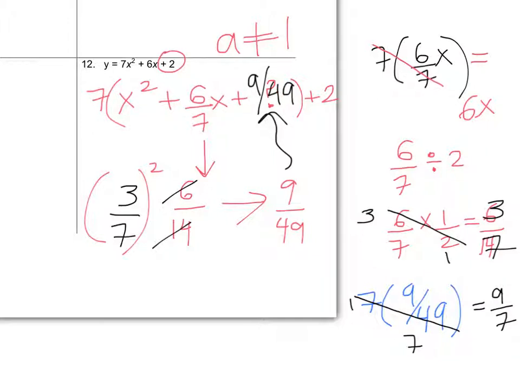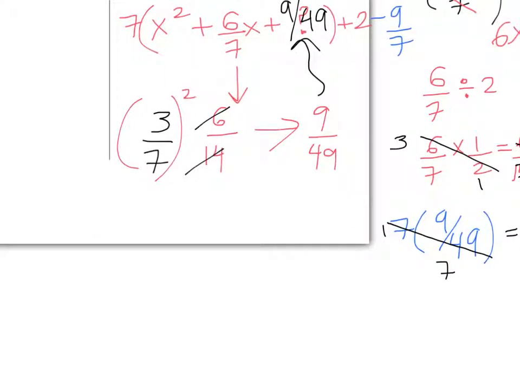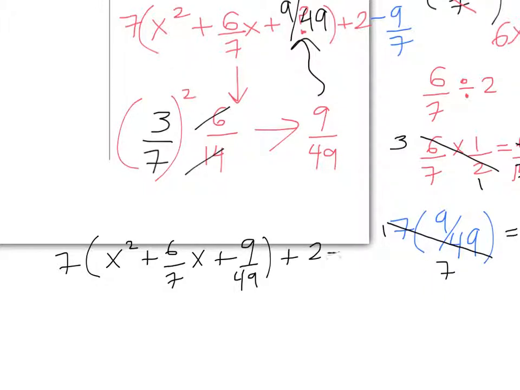So you need to balance that out by subtracting 9 over 7. So what I'm going to end up with is 7x squared plus 6 over 7x plus 9 over 49. We're going to change this into a perfect square in a minute. And the k is going to be 2 minus 9 over 7.